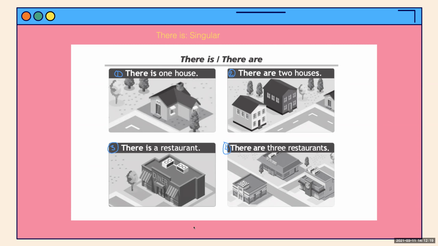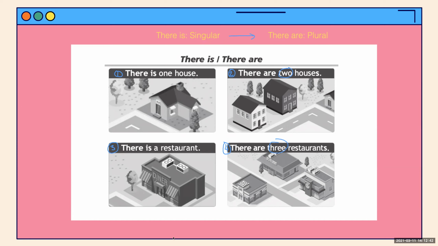For the opposite one, we want to make sure that we know the difference. When we use there are, we're talking about plural items. When we say plural, it's more than 1, 2, 3. So that is when we use there are 2, there are 3.